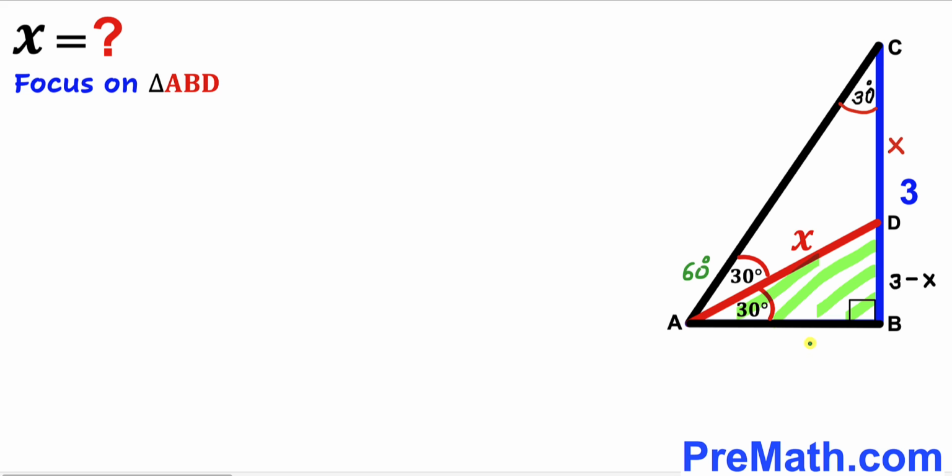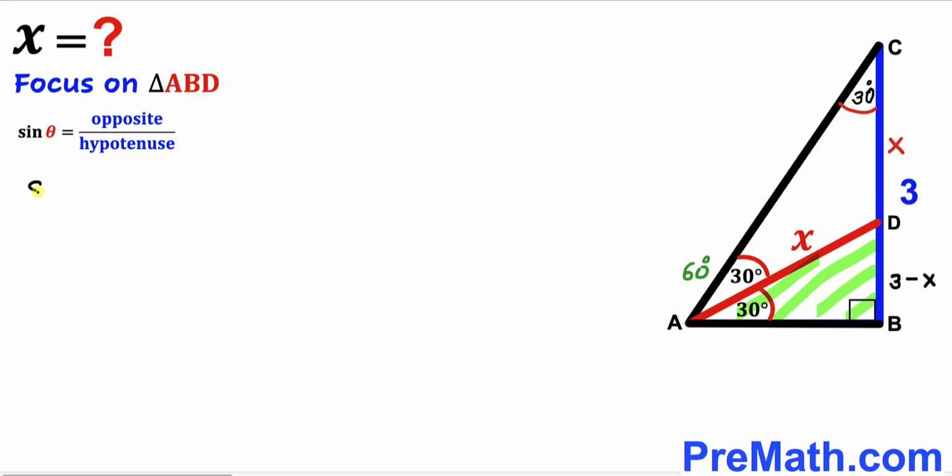Now let's focus on this right triangle ABD, and recall this famous trigonometric ratio: sine of theta is always equal to opposite side divided by hypotenuse. In this triangle ABD, for this angle 30 degrees, our opposite side is this side, and our hypotenuse is AD.